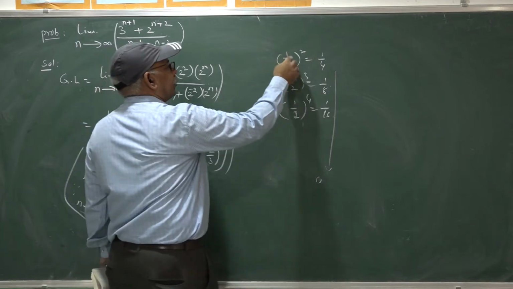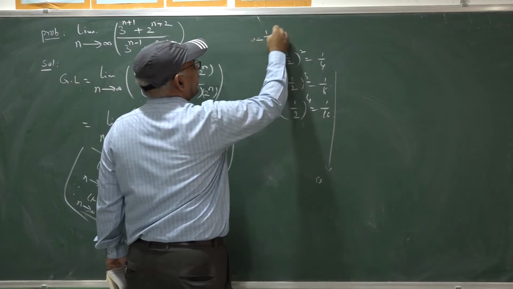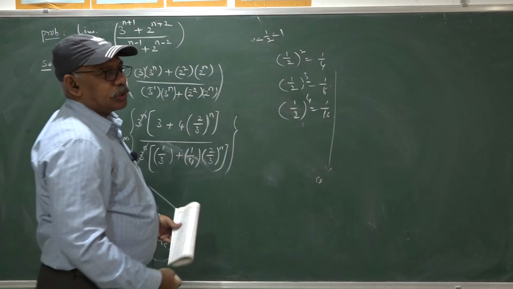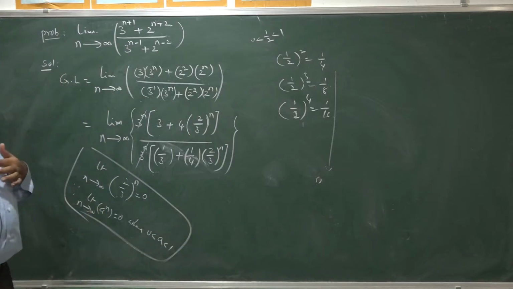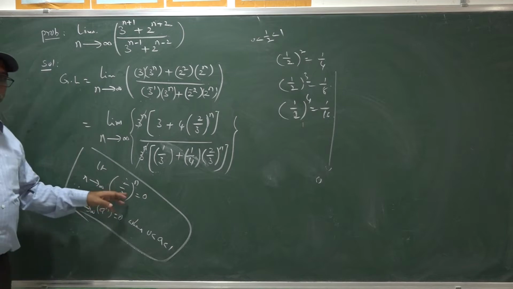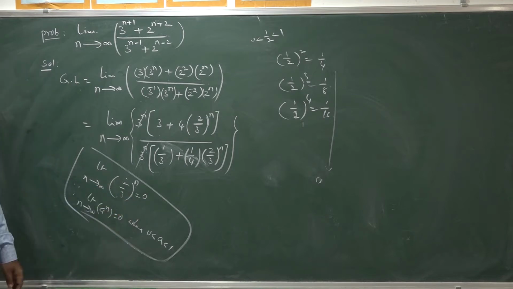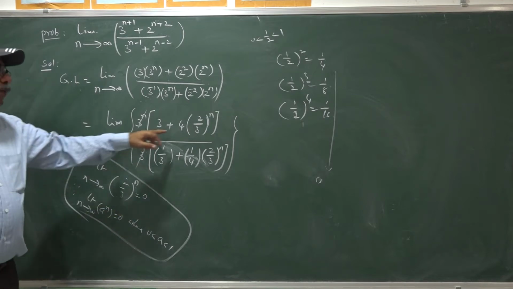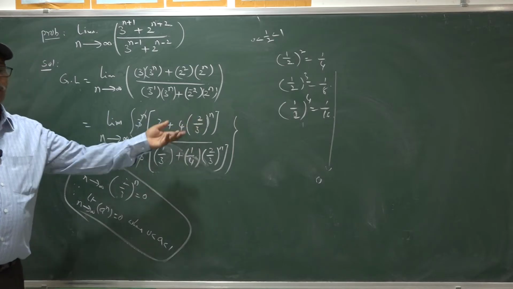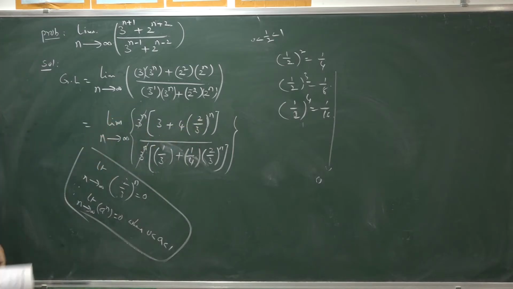Here 1/2 is the value that lies between 0 and 1. So any value that lies between 0 and 1 and takes its power enormously large, then it automatically nears 0. Hence, as n goes to infinity, the term involving (2/3)^n becomes 0.